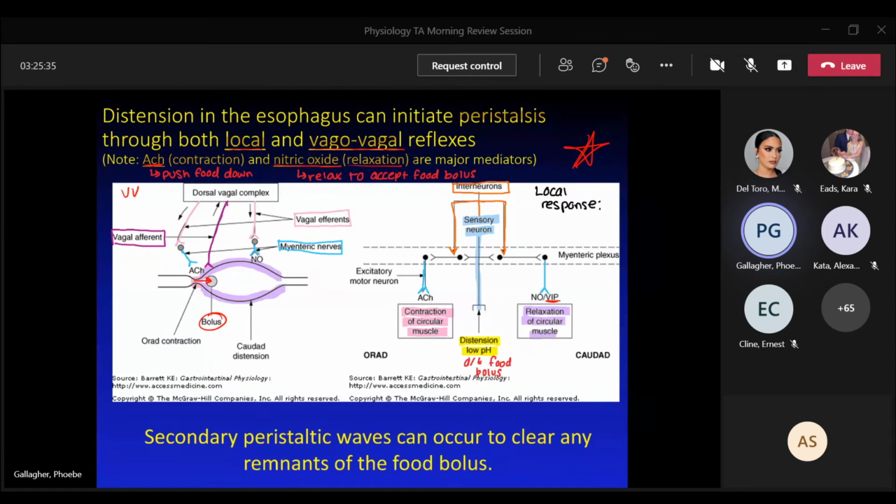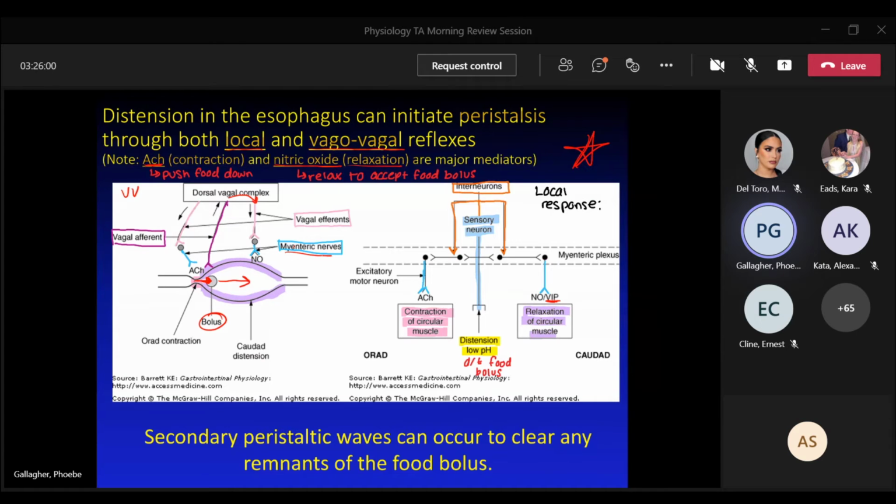So this is an afferent sensory neuron. It signals to the DVC to then release acetylcholine upstream to help push it along, and to signal the release of nitric oxide to help relax it downstream, so it's more receptive to entering the dilated region. So that's what is going on here.